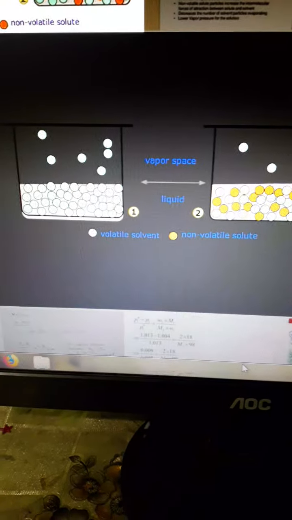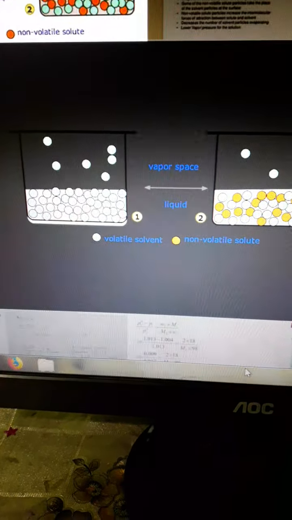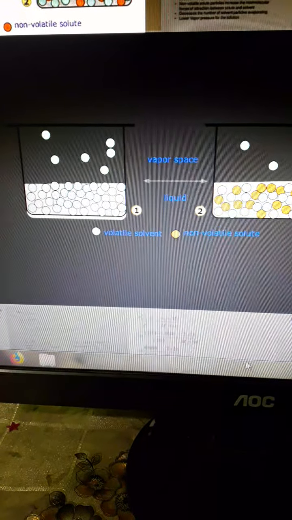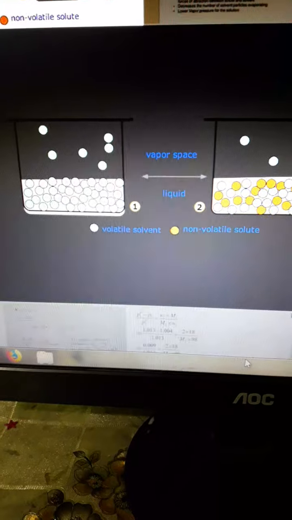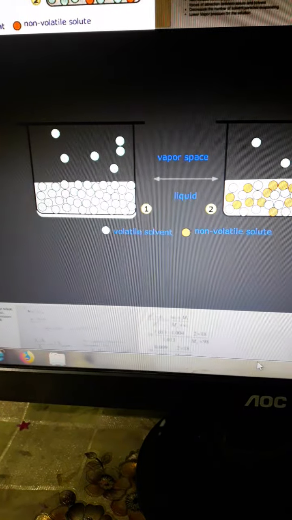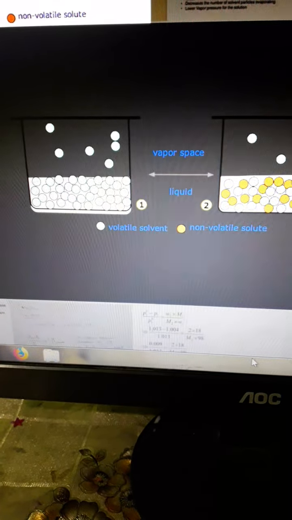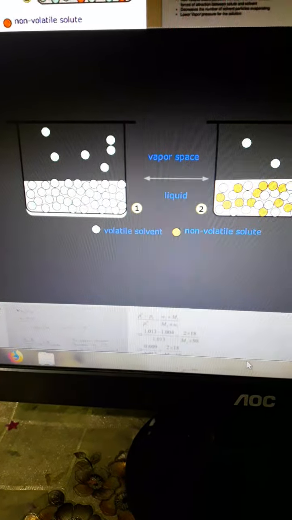A large surface area is available, the full surface area is available for the solvent vapors to escape. So vapor pressure is high over here. The solvent molecules are getting a large surface area, lots of evaporation and condensation takes place simultaneously and vapor pressure is higher.